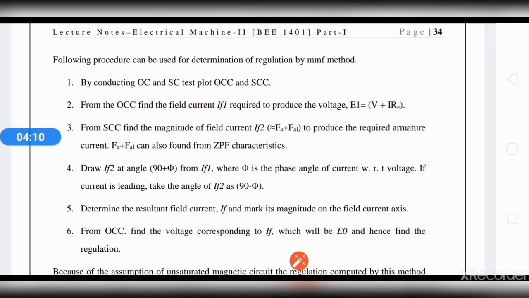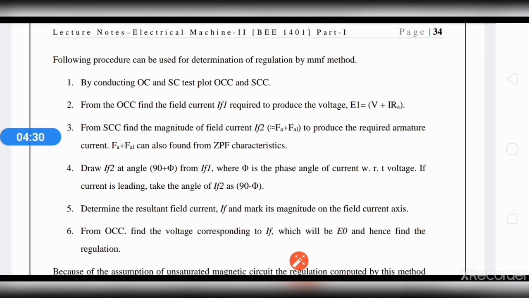Then determine the field current IF and mark its magnitude on the field current axis. From the OCC, find the voltage corresponding to IF, which will be E0, and hence we will find the voltage regulation.